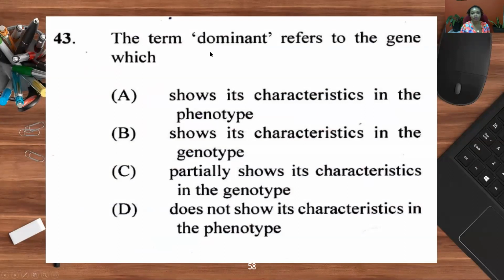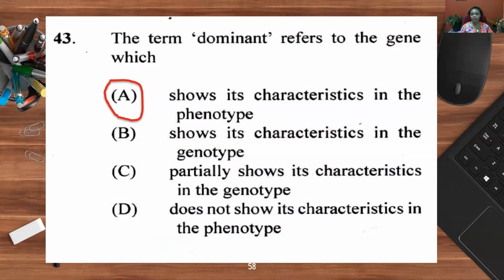The term dominant refers to the gene which shows its characteristic in the phenotype. A gene is not referred to as being dominant if it does not show its characteristic in the phenotype. Regardless of a recessive gene being present, the dominant gene will show its characteristic in the physical or visible characteristics, and that's what makes it a dominant gene.